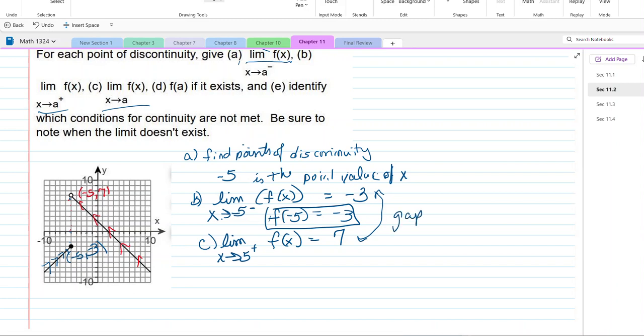So this gap means that we can safely say now on the D part, on f of -5, that value, -3, that's what it wanted.